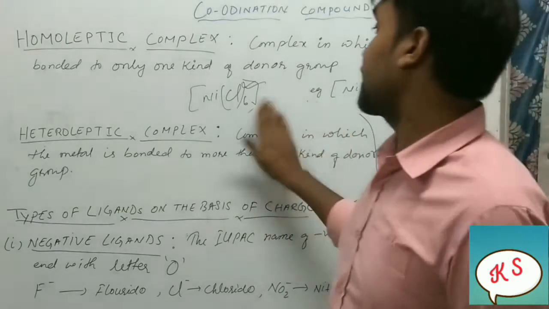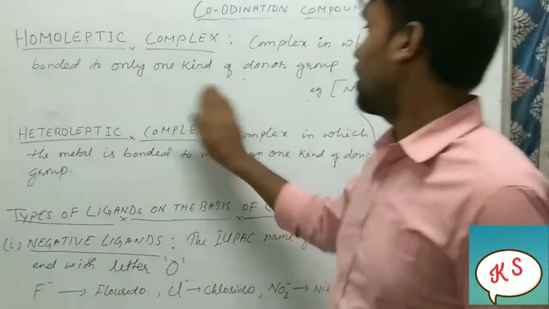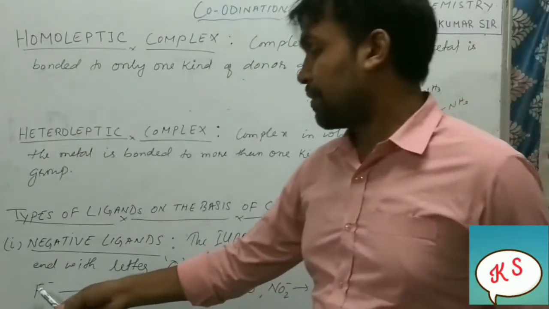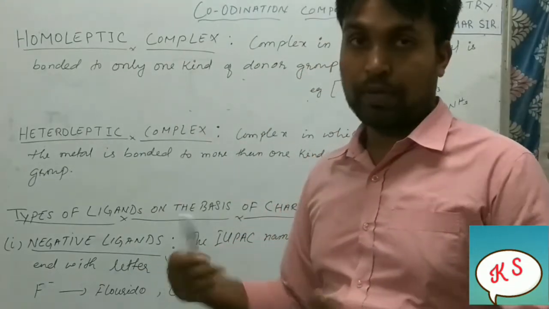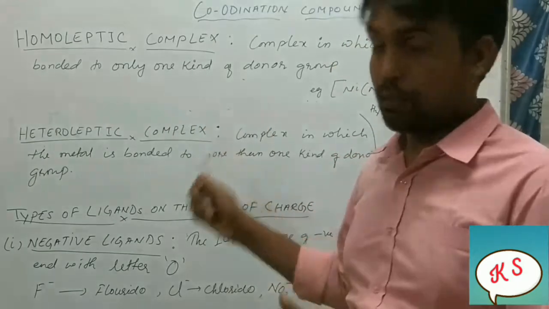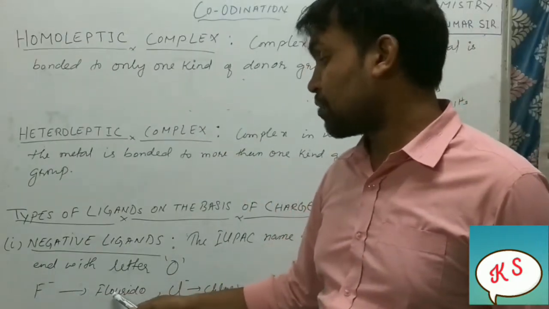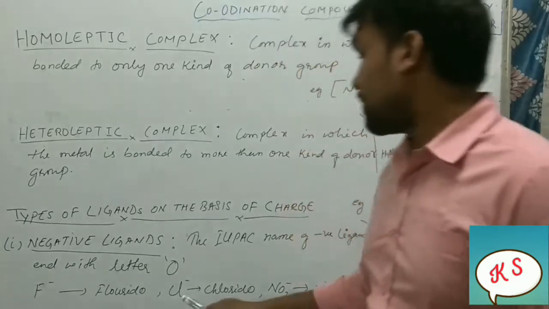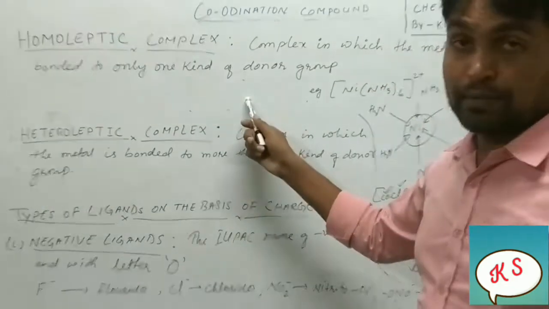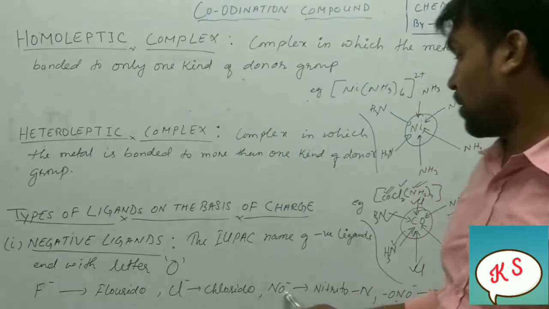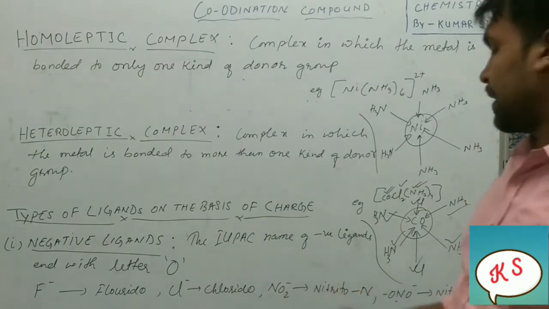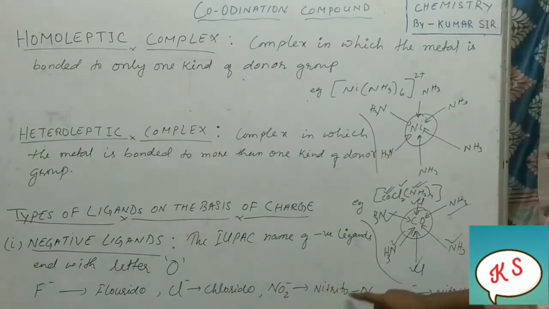I hope you are understanding it. Similarly, you see here I have given F negative. When fluorine is there in the ligand position, its name will be written as fluorido. If Cl is there, it will be written as chlorido. If NO₂ negative is there, it will be written as nitrito-N.